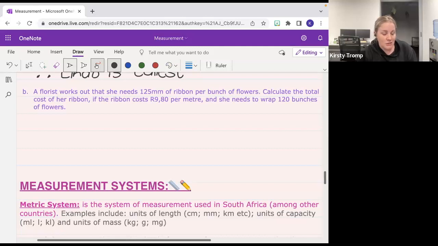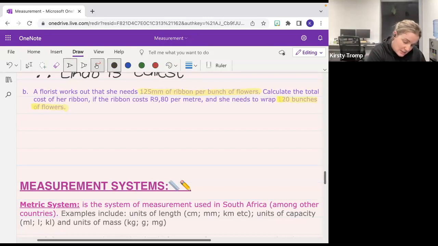She needs 125 millimeters of ribbon per bunch of flowers. She needs to wrap 120 bunches of flowers. So that's where I'm going to start. I'm going to start with working out how much ribbon she needs altogether.